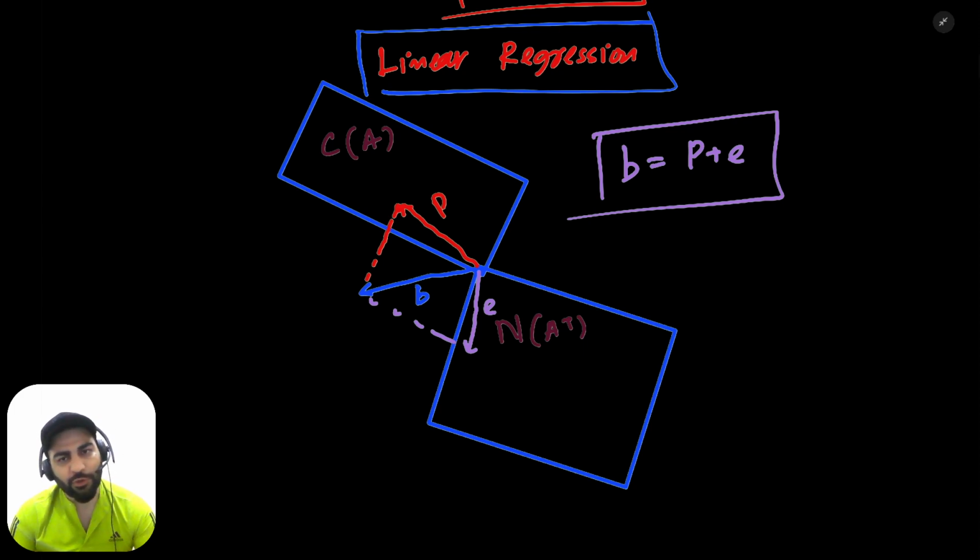It can also be projected on the null space. Both of these subspaces are complementary and orthogonal, if you remember the previous lecture. So from that we can conclude that B is equal to P plus E. E is the projection onto the null space of A transpose, and P is the projection onto the column space.